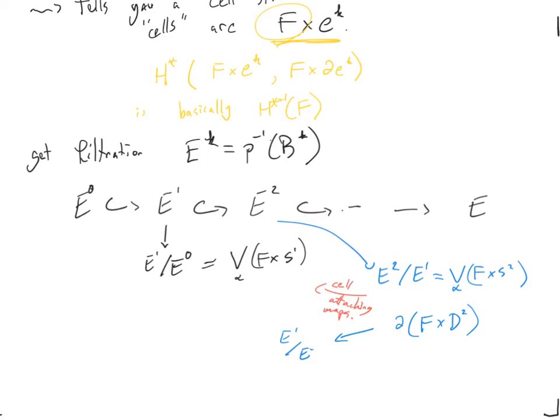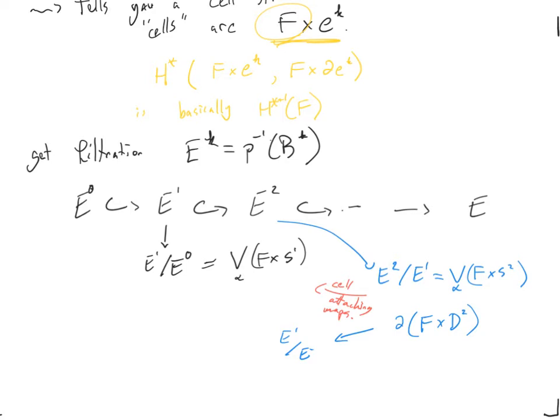So into E1, and then I quotient by E0. So this is basically into some bunch of these F cross S1s. And so if I've named each of my little F cross S1 cells, you might come up with some formalism to describe these cell attaching maps.